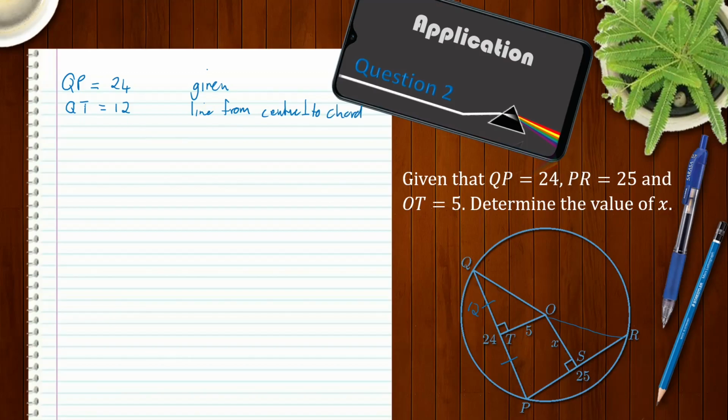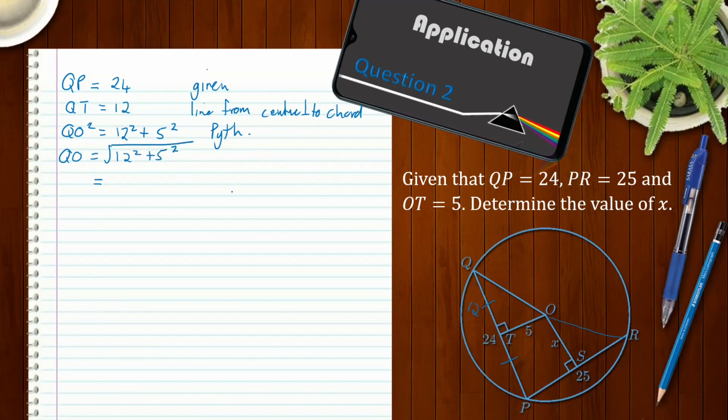Okay, and then what I'm going to do is to use Pythagoras. So QO squared is equal to 12 squared plus 5 squared. Pythagoras, right? And then QO is the square root of 12 squared plus 5 squared.